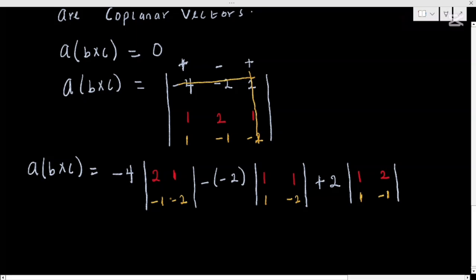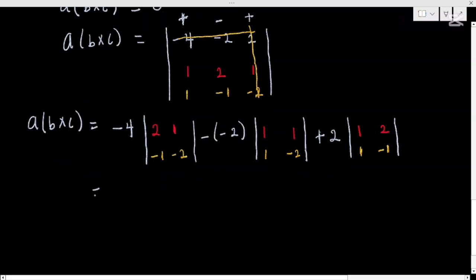So here we'll be having -4 into 2 times -2. That will give us -4, right? Minus 1 times -1. That will give us -1.